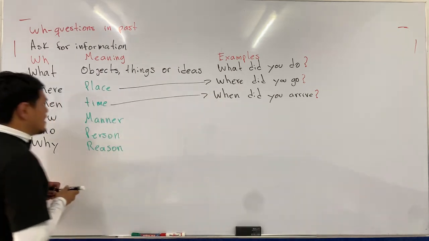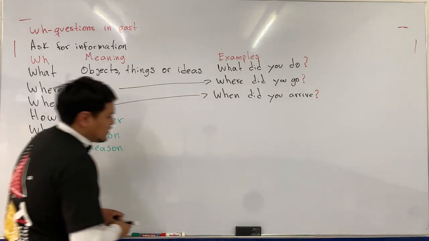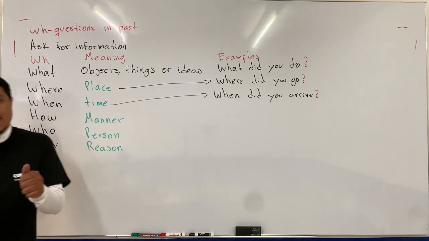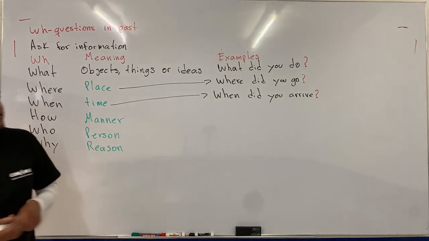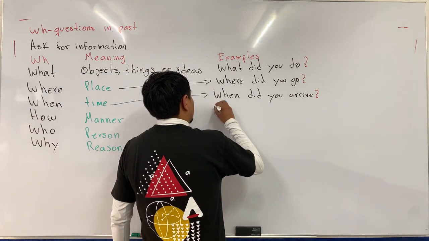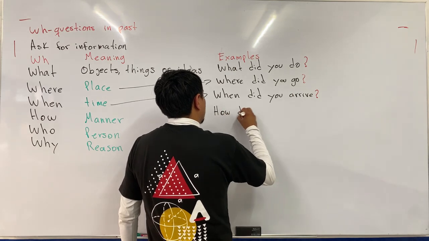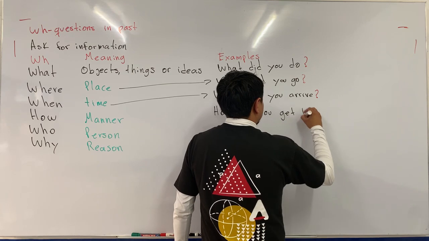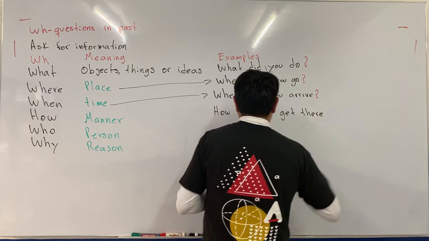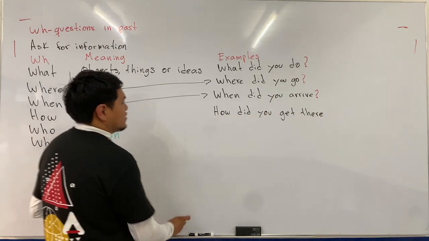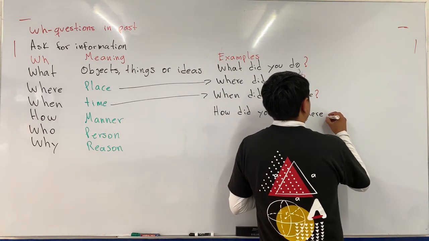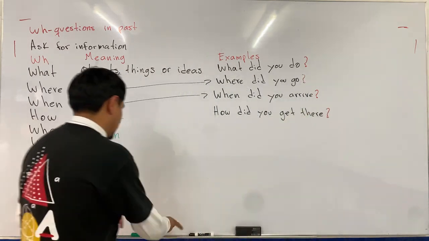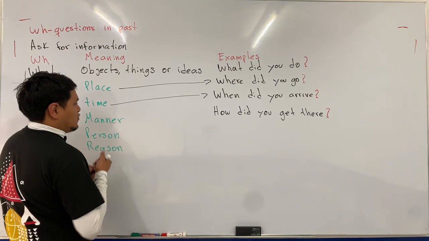For how in past, I mean, how did you get there? How did you get there? Right? And question mark. This is for how.